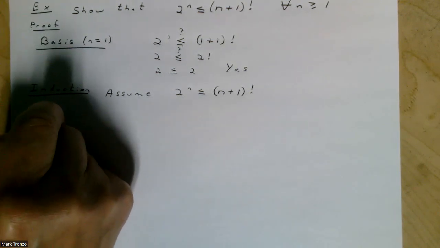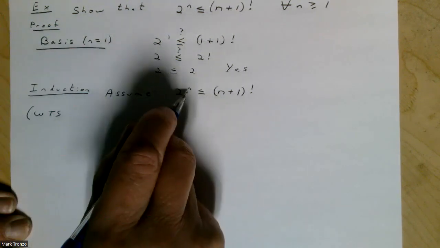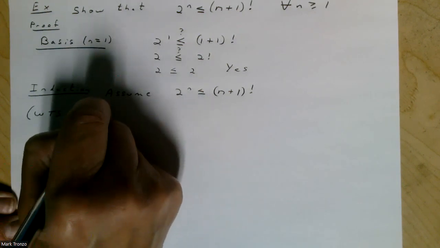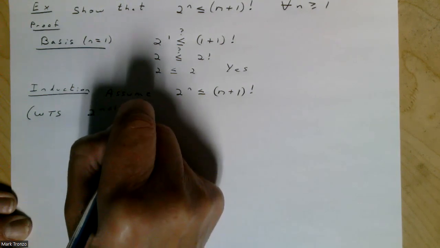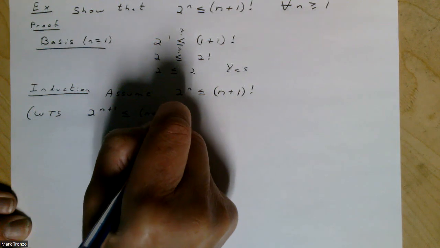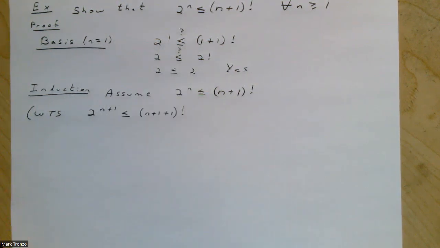Want to show, the BT is want to show that if we add 1 to n, wherever we have n, we have to put n plus 1. We want to show that that's true.